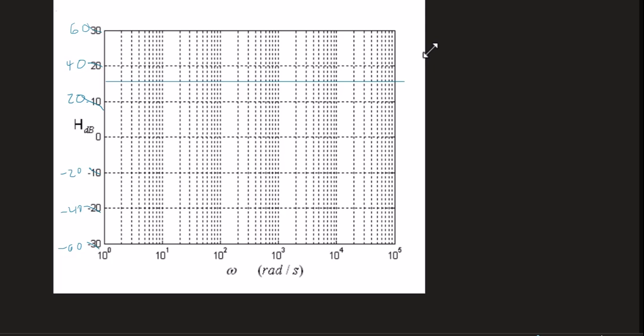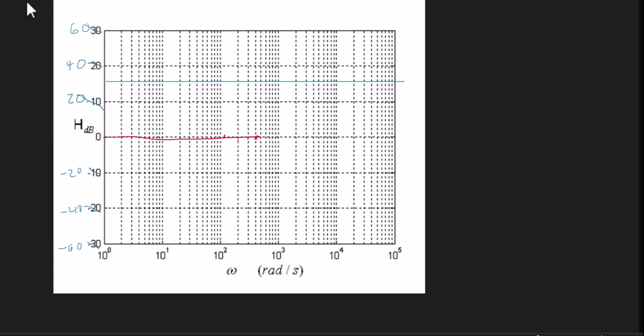Then we have a zero with corner frequency 400. Simple zero at 400. So at 400, here's 100, 200, 300, 400. So it's a simple zero, which means it's 0 until it gets to 400.